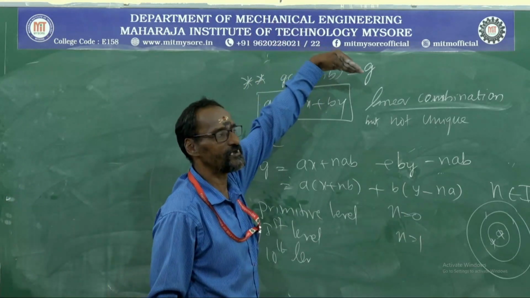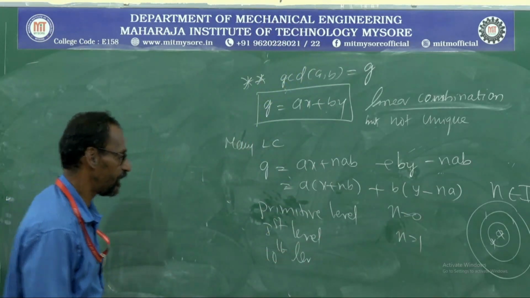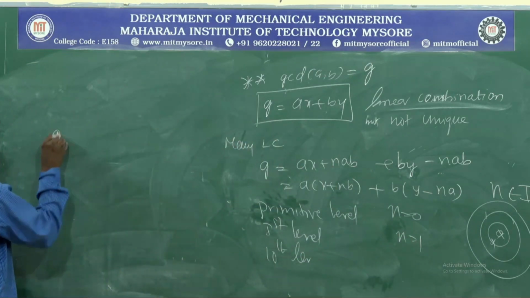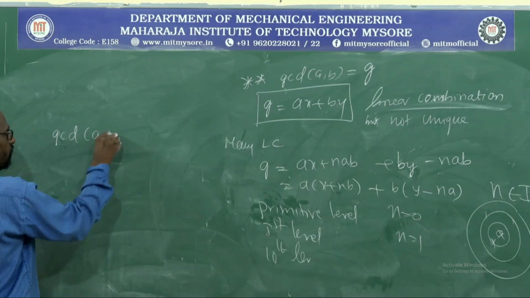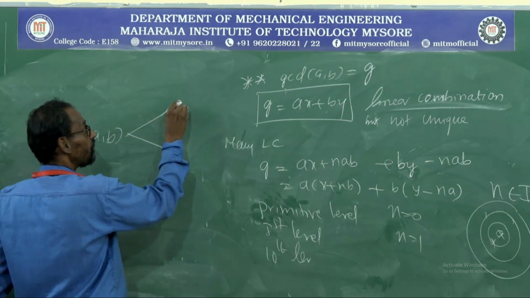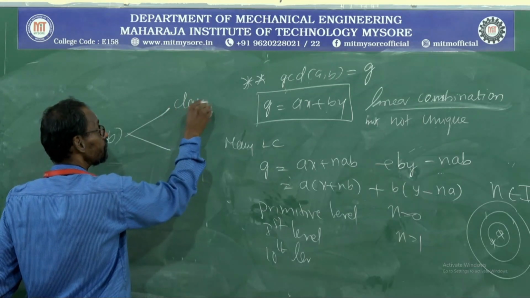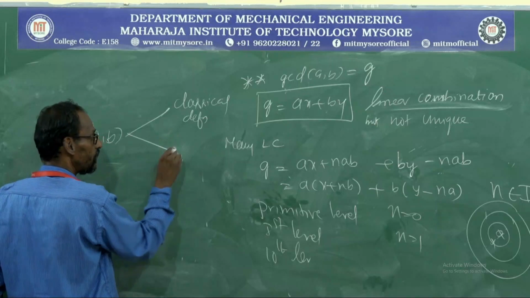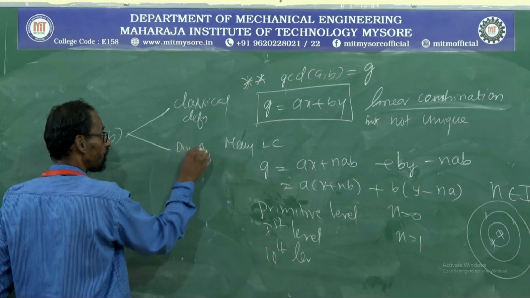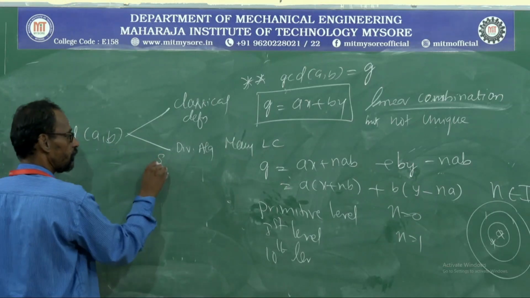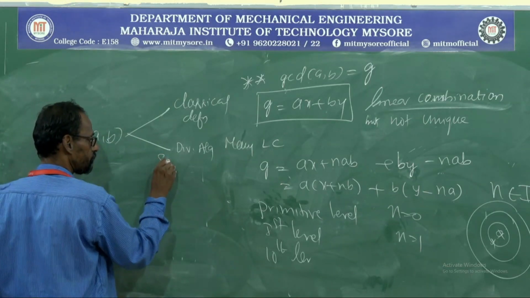you understood how to find the GCD. GCD can be evaluated between two numbers using two approaches. One is the classical definition. Another one is the division algorithm. A sequence of division algorithm steps is called the Euclidean algorithm.